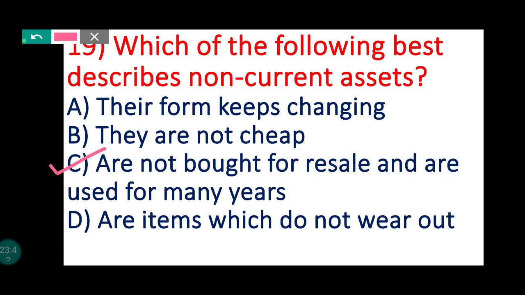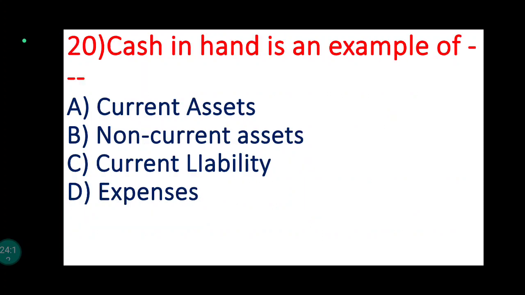Do not wear out means do not depreciate, but we see that fixed assets, or we can say non-current assets, depreciate with time. There is a gradual decrease in the value of that asset. So the answer is not bought for resale. We are considering the best answer. So it is C. They are not bought for resale and are used for many years.